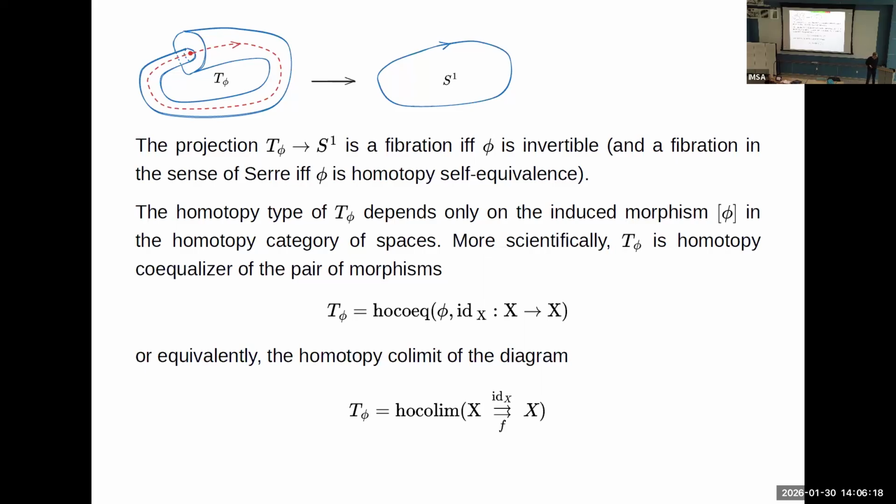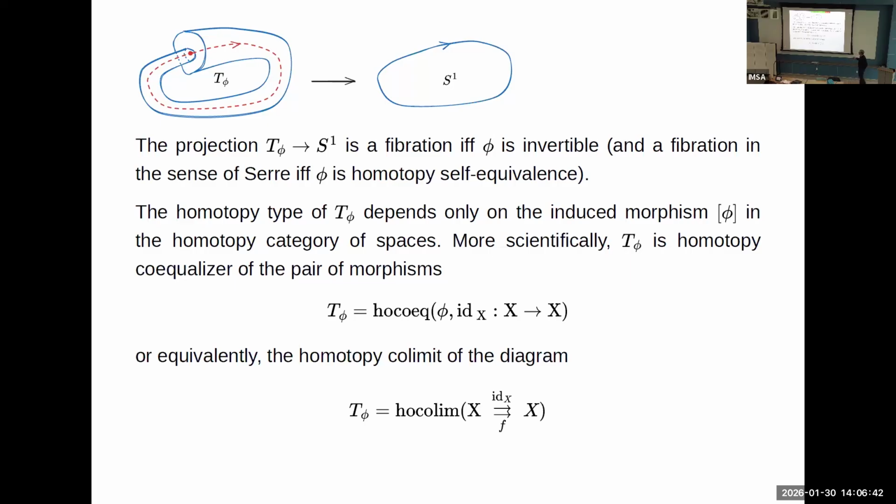But if it's not a homotopy self-equivalence, it's not a fibration in the Serre sense. And the homotopy type of this mapping torus depends only on the morphism in the homotopy category of spaces. And so there are, these days, different ways we can denote these things.